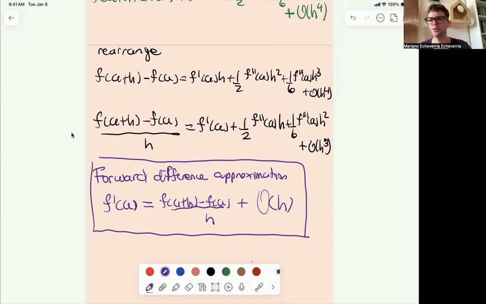So this is an approximation to the derivative with error term O of h. Okay.